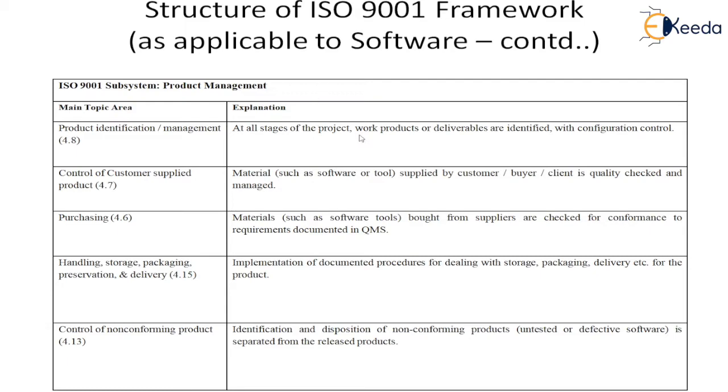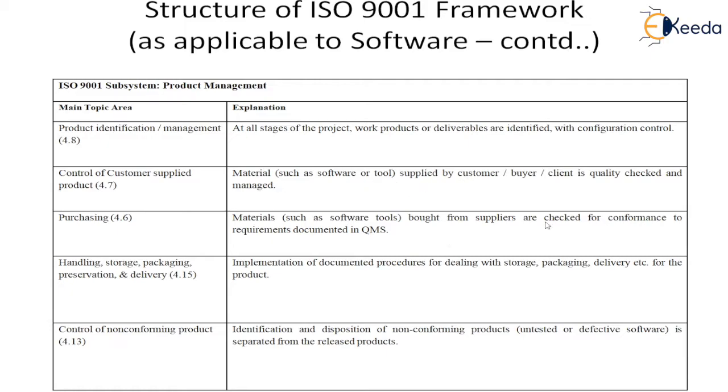So at the top stage, the actual product, the work product of the project that we are taking, has to be identified, and it has to be under configuration control. Similarly, materials that the customer might have given, their environment or their tools to use for the project, need to be quality checked, and that record has to be kept, so that we know there is no quality defect coming from these materials.